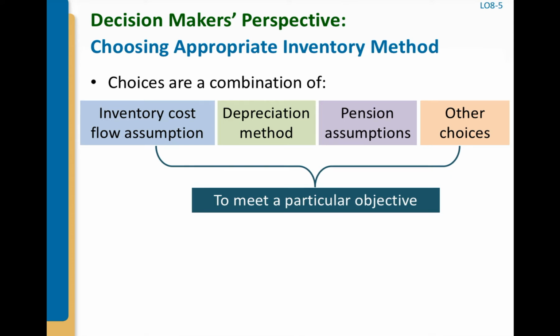These are some of the considerations that a decision maker would have to look at and would be weighing when initially making the decision as to which method to use.